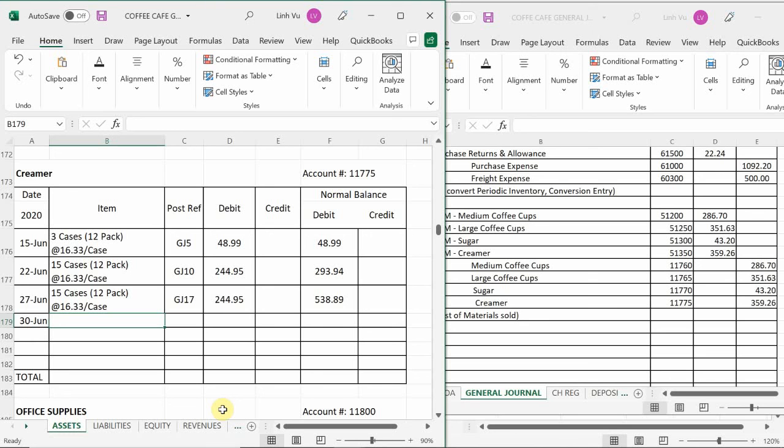You used 22 cases. So you should have remaining, let me see, 3 plus 15 is 18, plus 15 gives you 33, minus 22, so you should have 11 cases remaining.